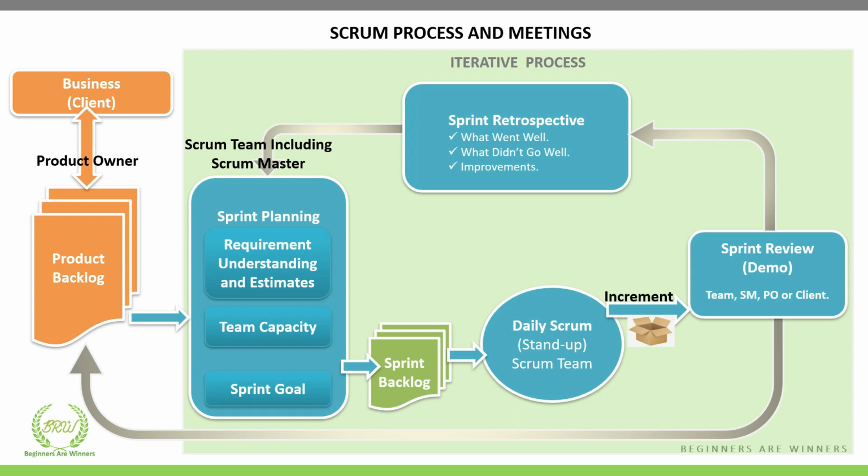So it's an effort of the whole team, how they work together for a successful delivery. We move from sprint planning to sprint backlog, and then meet on a daily basis about how we are doing the work and delivering it through increments, then present it to the product owner or client as a demo, and then have a retrospective meeting to know how we can improve for our next sprint.